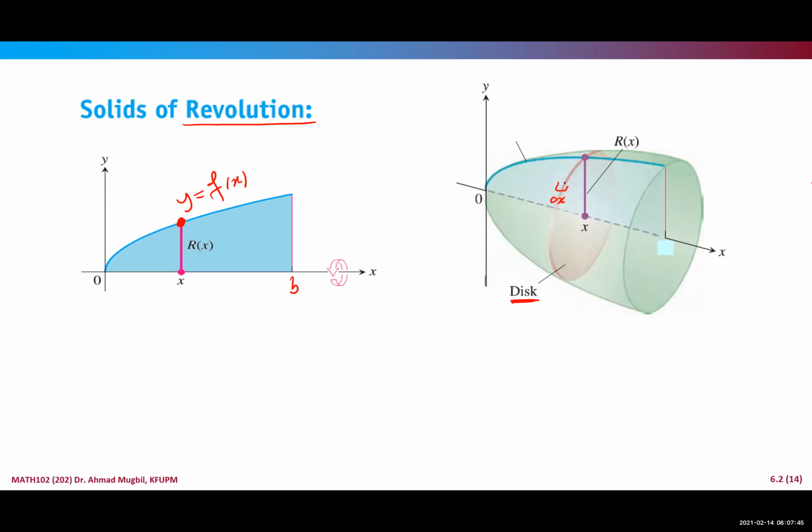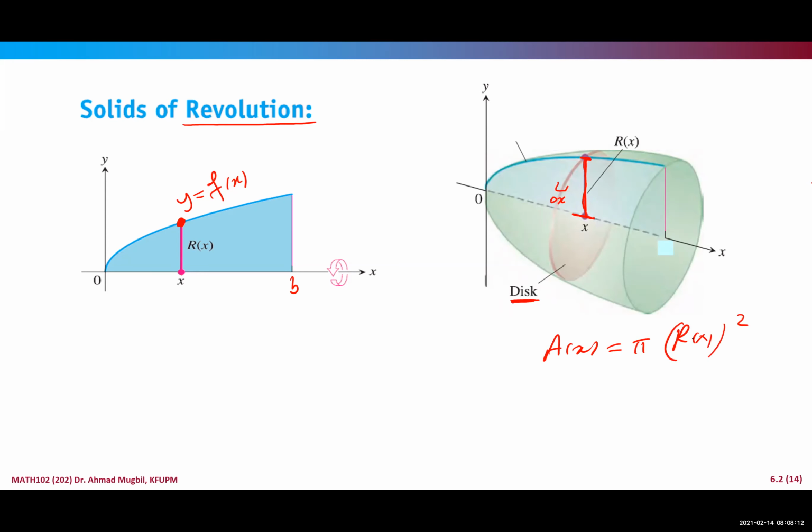And of course, the radius is the distance from the x-axis to the curve, which is R of x. And you know, when you have a circular disk, what will be the area of the disk? It will be pi r squared. In our case, r squared is R of x all squared.